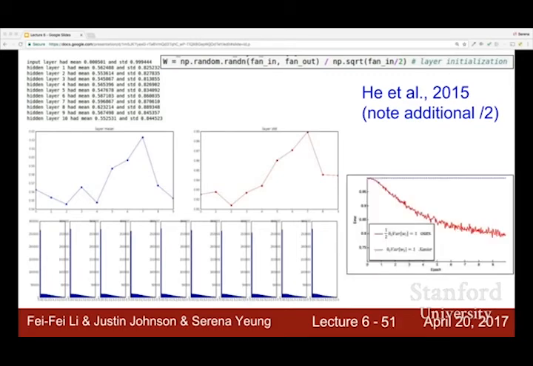And so in practice, this has been really important for training these types of networks: paying attention to how your weights are initialized makes a big difference. For example, you'll see in some papers that this is the difference between the network even training at all and performing well versus nothing happening.